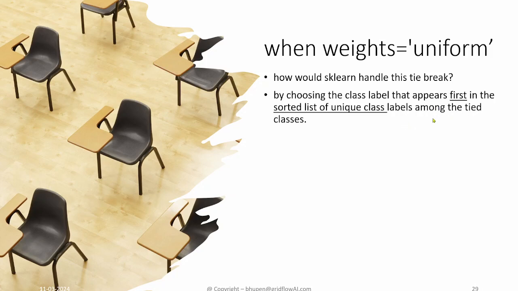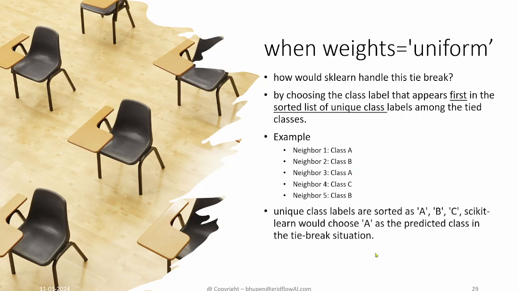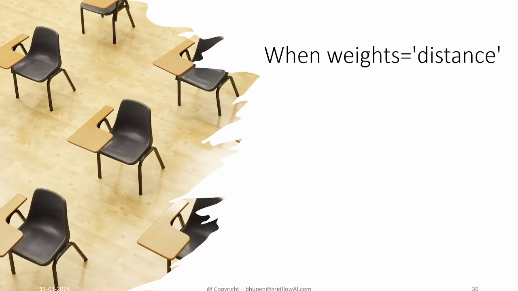For example, if you have neighbors 1, 2, 3, 4, 5, and the labels are A, B, and C, with two instances of A, two instances of B, and one instance of C, there is a tie between A and B, and A appears first in the list of labels. So the prediction is going to be A in this case.